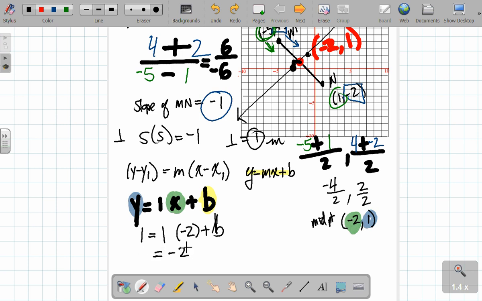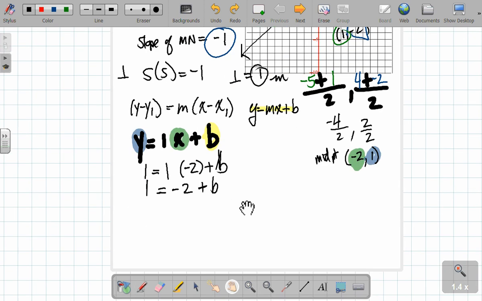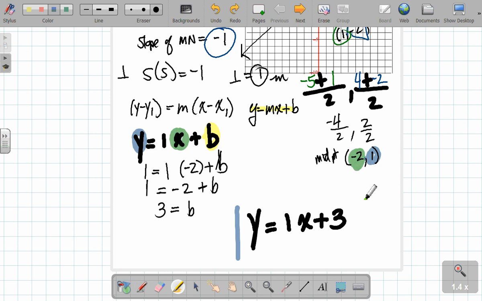Pen's lagging. Equation. There's your equation, and then go up and check if it actually works.